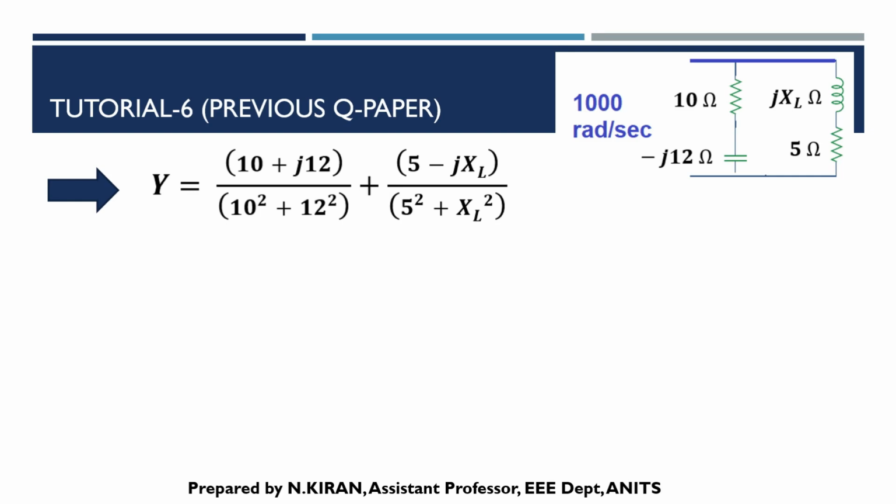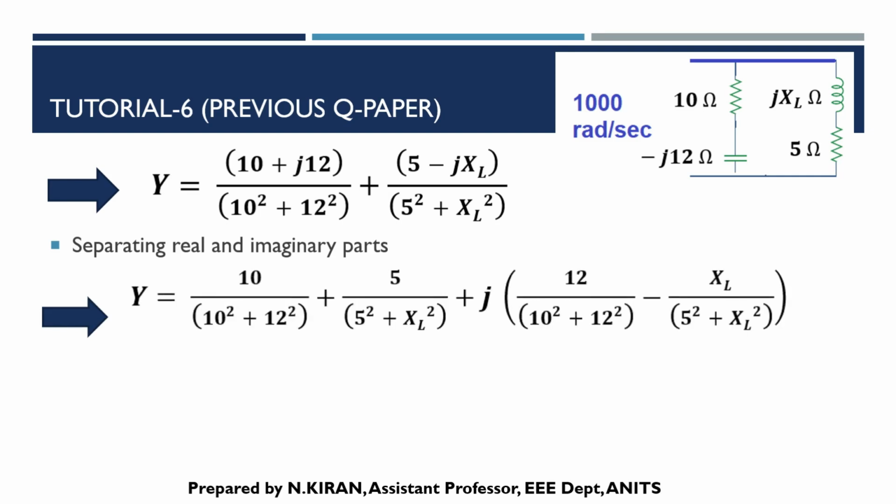Separating the imaginary terms and real terms, you get the value of admittance as shown. For a parallel resonance, the imaginary part of the admittance becomes 0. So we equate the imaginary term of the admittance, that is the susceptance, to 0.